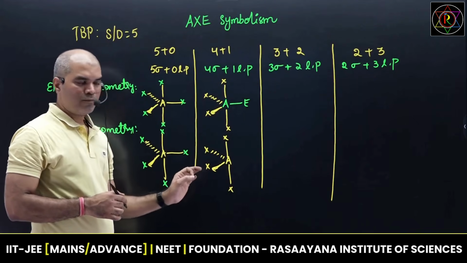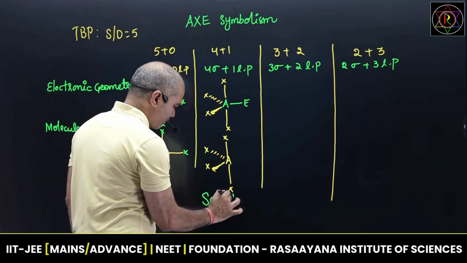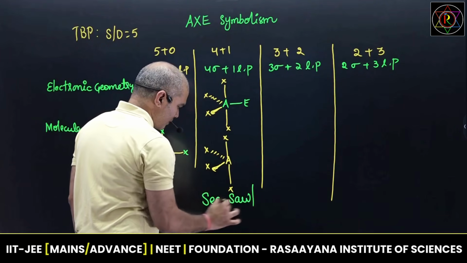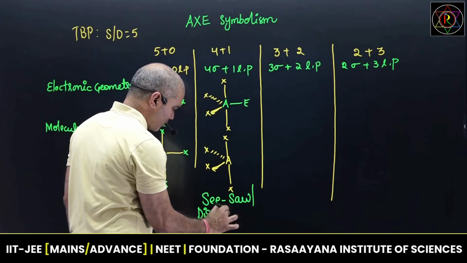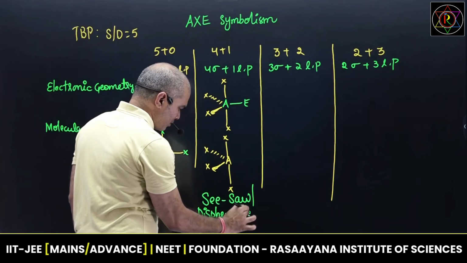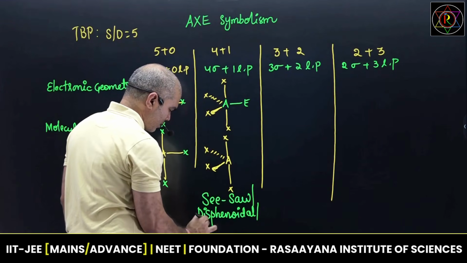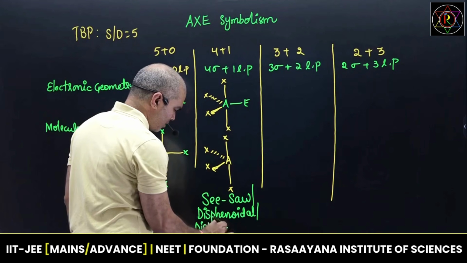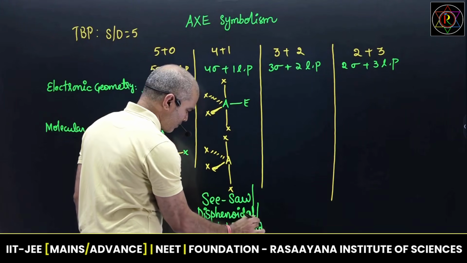We have a special name for it. The name is called seesaw. The other names we give are disphenoidal or distorted tetrahedral. 3 different names. The famous one is seesaw.